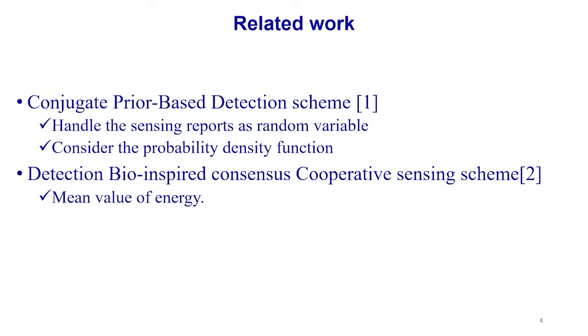In reference 2, the authors propose a bio-inspired consensus cooperative sensing scheme. This is the name of the scheme proposed in paper 2. The scheme counters the spectrum sensing data falsification attack in a distributed manner, meaning that the attack is thwarted on each and every secondary user.